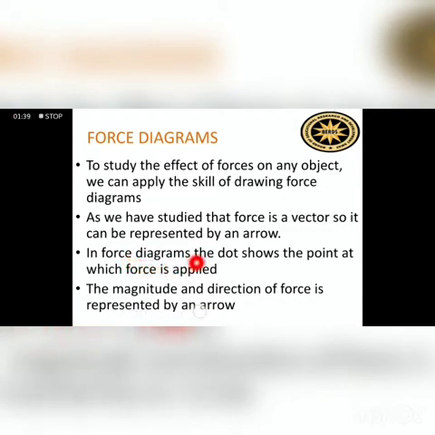In force diagram, the dots show the point at which the force is applied. It means whenever you see a dot, at this point the force is applied. The magnitude and direction of force is represented by an arrow. It means if the arrow size is greater, greater force is applied, and if it is smaller, then we can say that smaller force is applied, and the arrowhead will show the direction in which the force is applied.